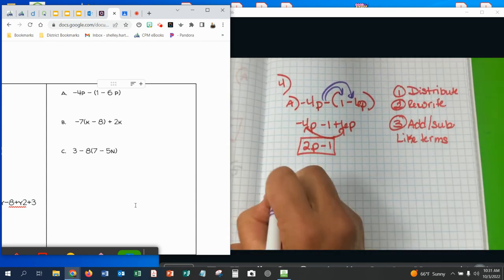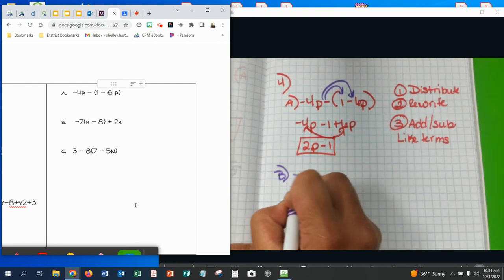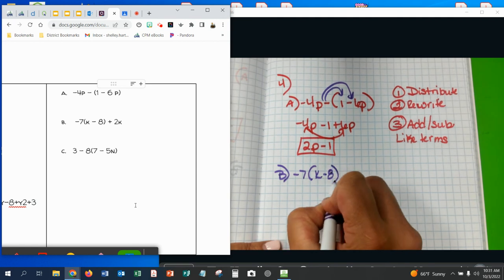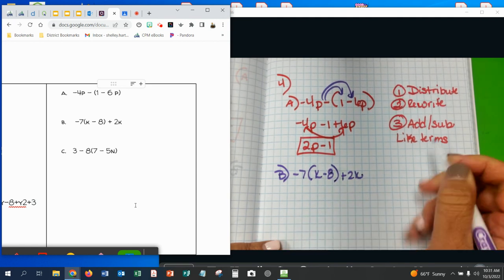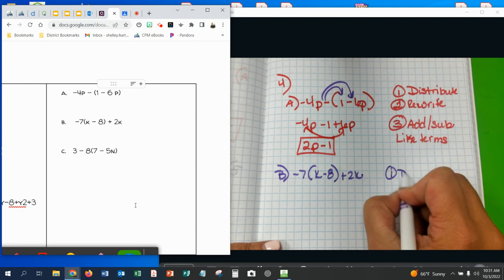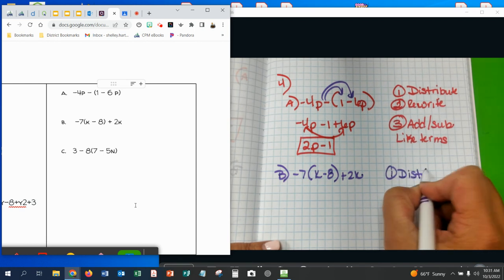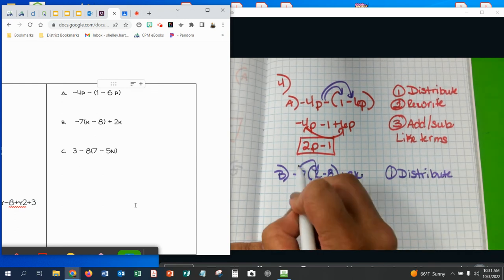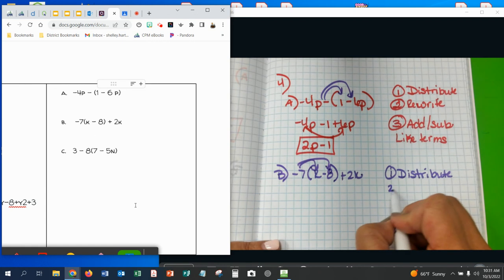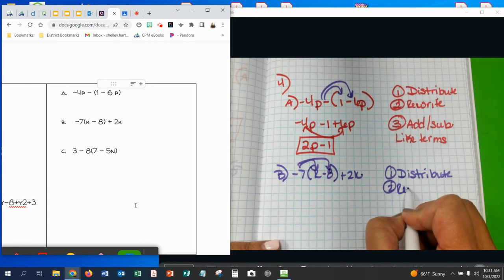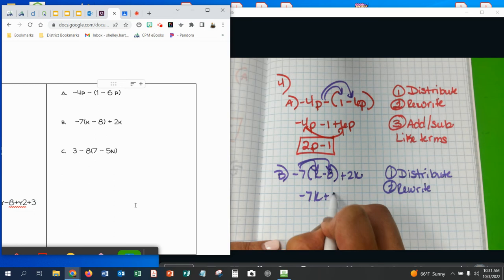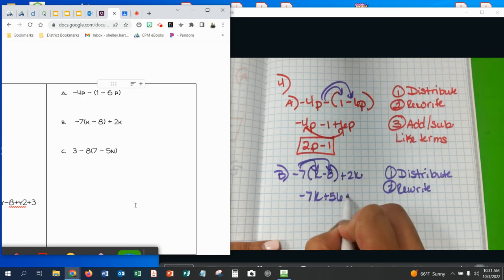B, you've got this situation going on. You've got a negative 7 (k minus 8) plus 2k. The first thing I need to do is distribute that 7. So I'm going to go boom, boom, and then two, rewrite. So this is a negative 7k plus 56 plus 2k.